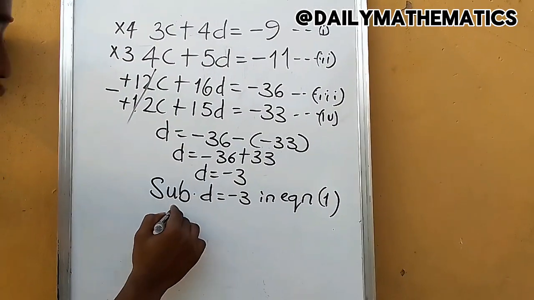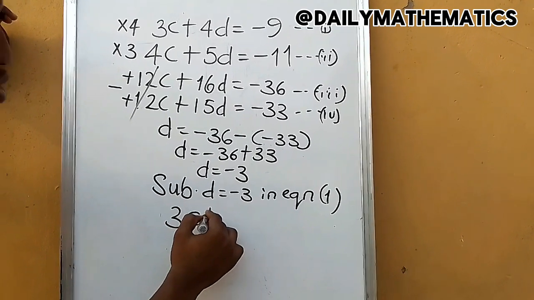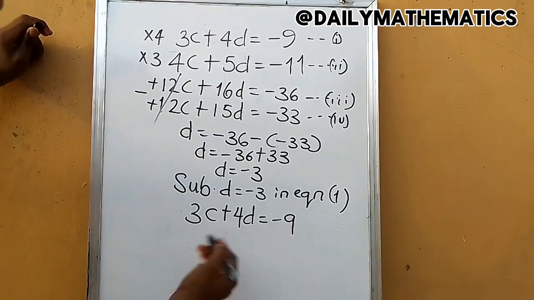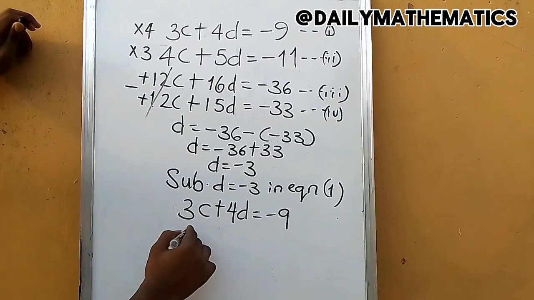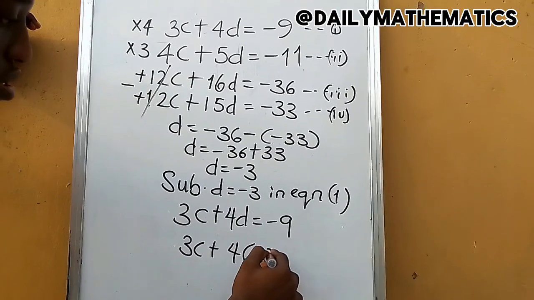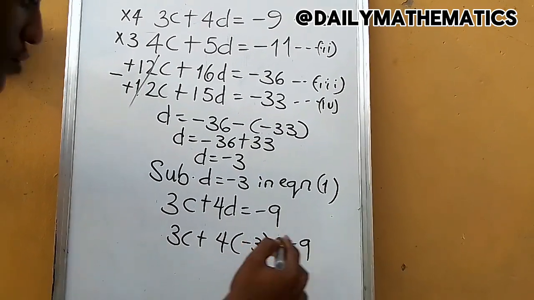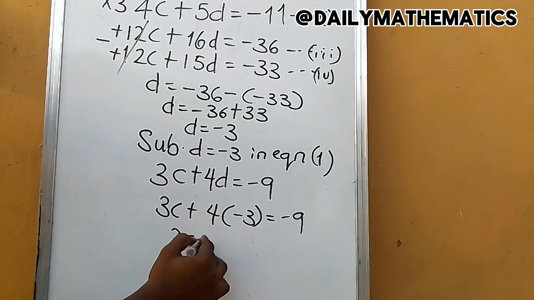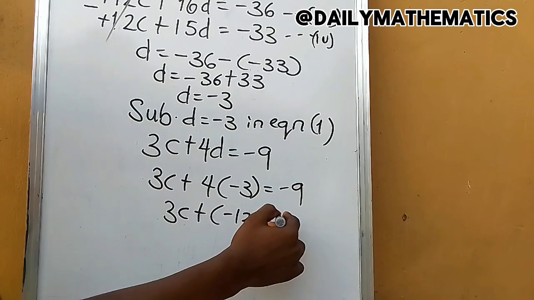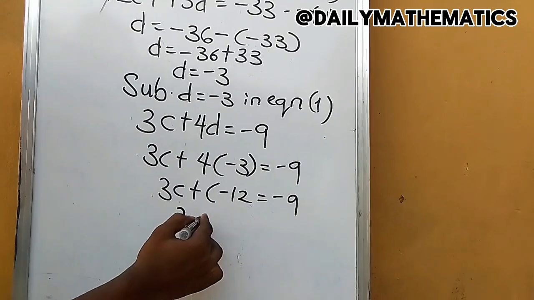So we write out the equation 3c plus 4d equals minus 9, and then we make D minus 3. 3c plus 4, instead of D we write minus 3, equals minus 9. Then 3c plus 4 times minus 3 gives us minus 12 equals minus 9.